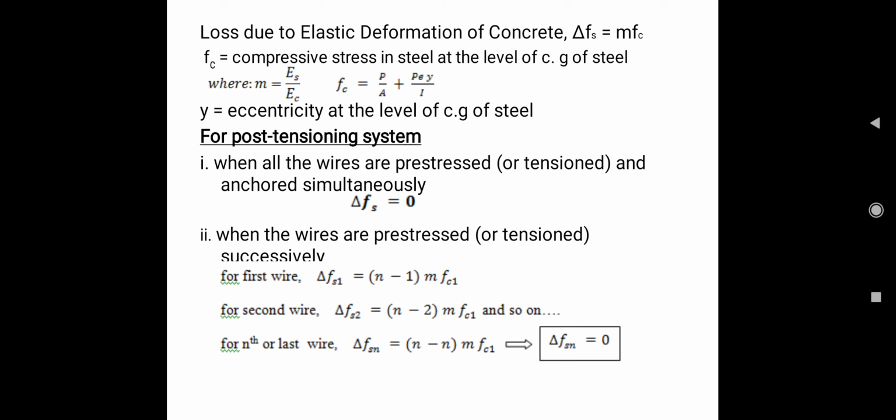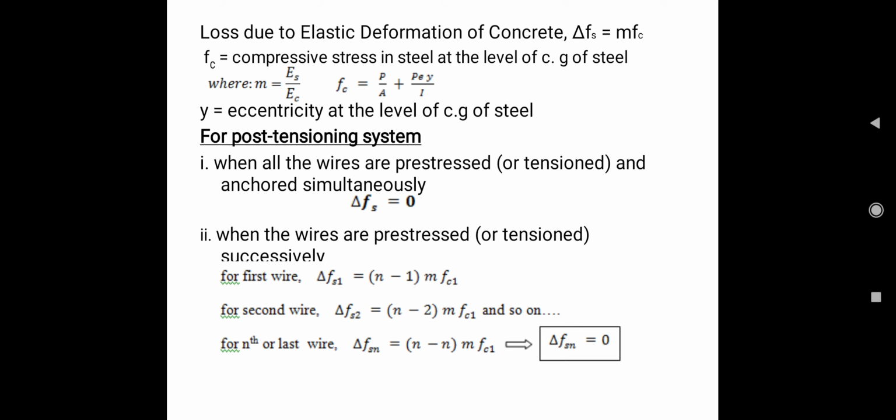So here you can see the formula to calculate loss due to elastic deformation of concrete. We can use the formula delta Fs is equal to m fc, where m is the modular ratio, given by Es by Ec, where Es is Young's modulus of steel and Ec is Young's modulus of concrete, and fc is the compressive stress in concrete at the level of the CG of the steel.